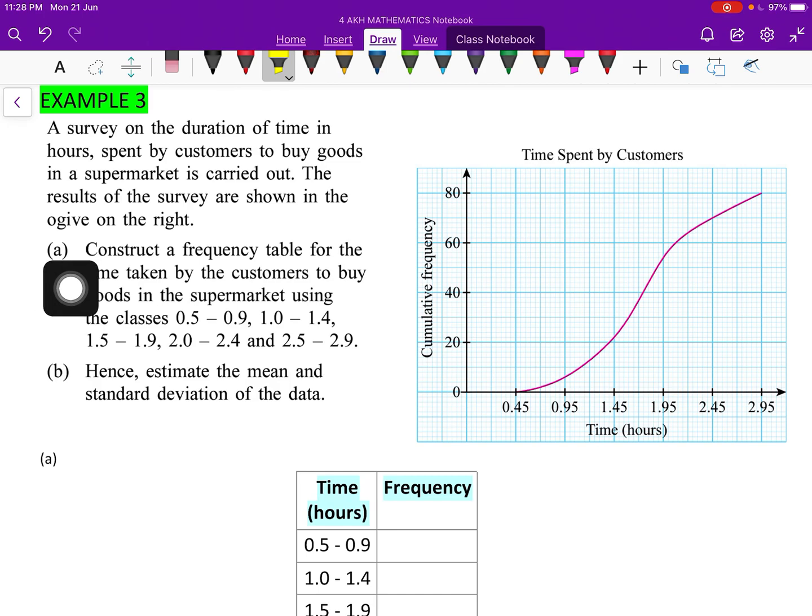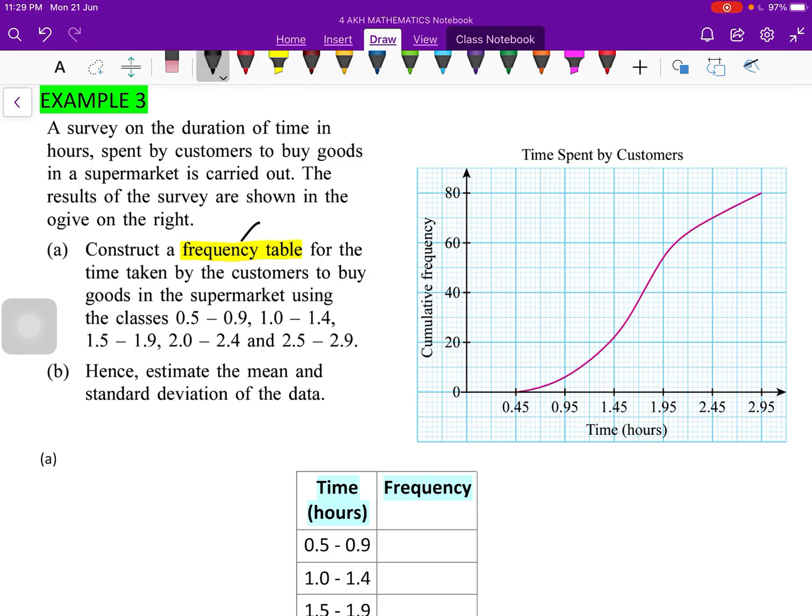So first the question: construct a frequency table for the time taken by the customers to buy goods in the supermarket using the classes 1, 2, 3, 4, 5. So we have 5 classes. Frequency table is simple.